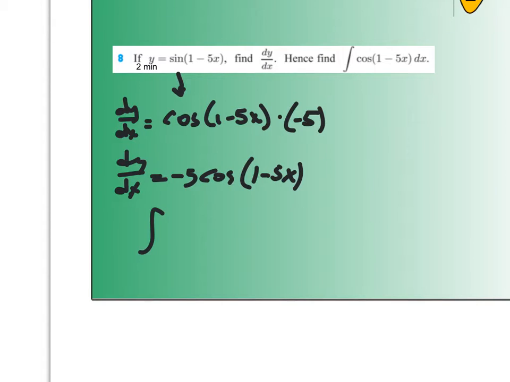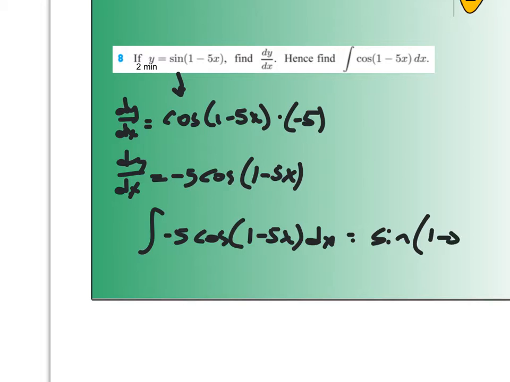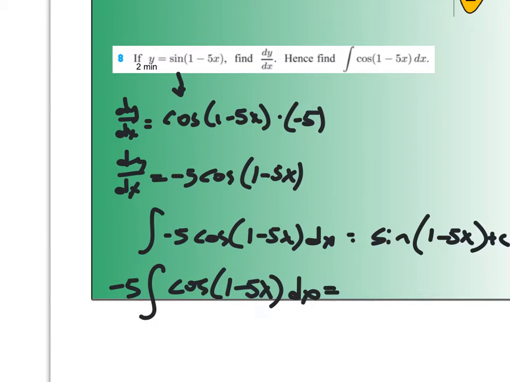So that tells me the integral of negative 5 cosine of 1 minus 5x dx is equal to sine of 1 minus 5x plus c. Factor out that negative 5, and that gives me negative 5 times the integral of cosine of 1 minus 5x dx, which is equal to sine of 1 minus 5x plus c.